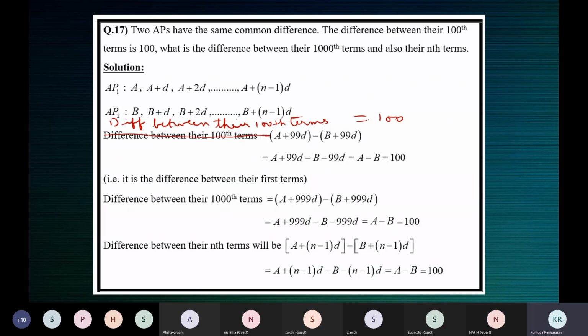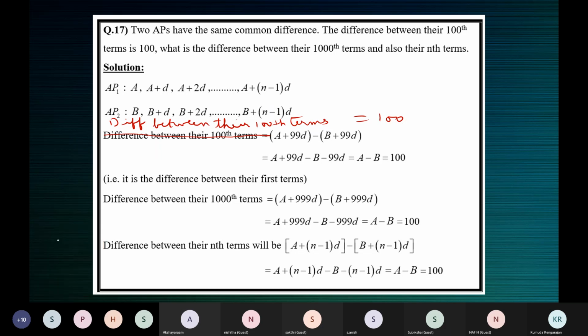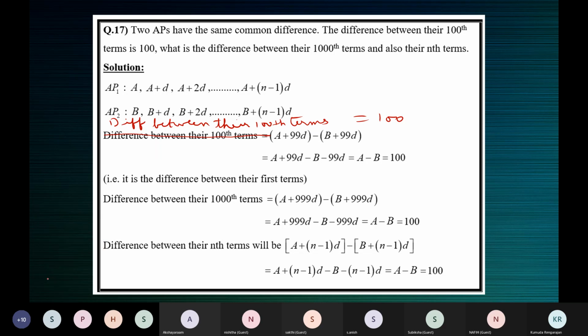And it's like this. Now please work this. We have to find the difference between their thousandth terms.